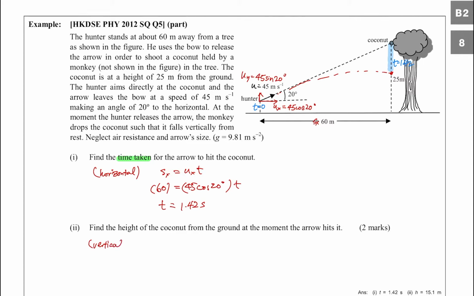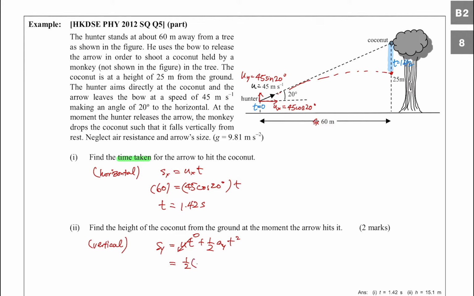So we consider the vertical motion of the arrow, and we write down sy equals ut plus half at squared. We got the time 1.42 seconds. We want to calculate how far the arrow is dragged down by gravity during this 1.42 seconds. So u can be assumed to be 0.